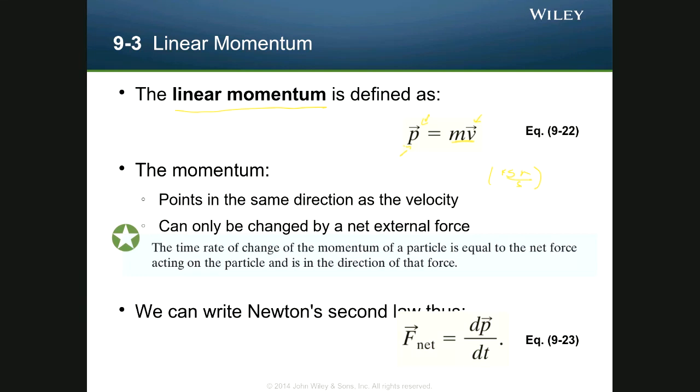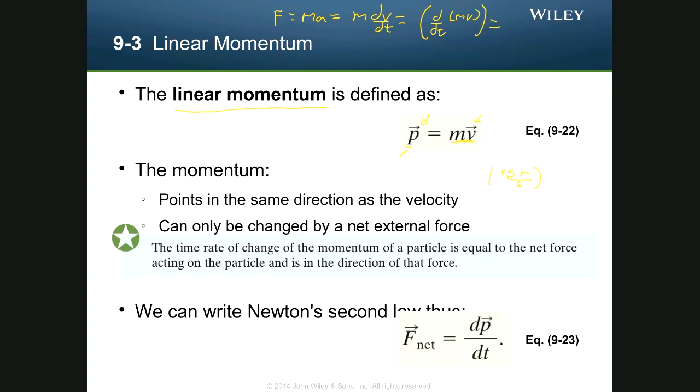And in fact, when Isaac Newton first thought of force, he didn't really think of it as F equals ma. That's not how Newton thought of it. And if you'll notice, we can see that this is equal to m times dv/dt. And the m is just a constant, so we can put that inside the derivative as d(mv)/dt.